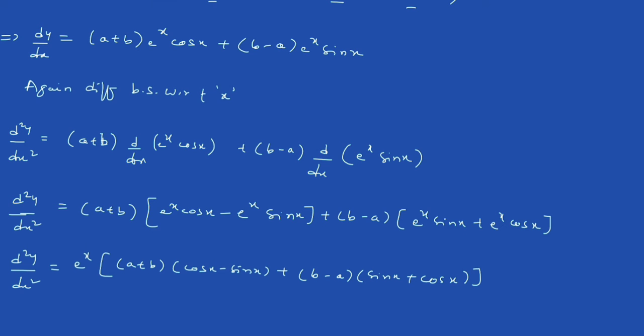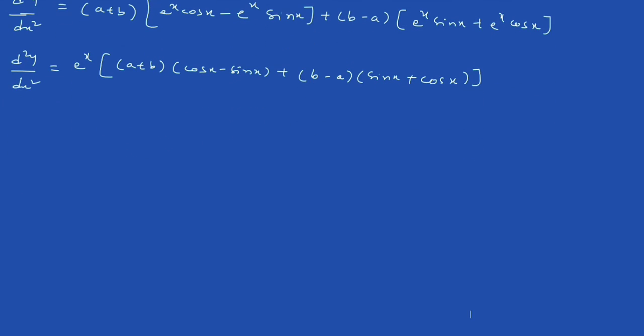So now d2y upon dx square is e to the power of x as it is outside. Now multiply a and b. Let's see what we get: a cos x minus a sin x.